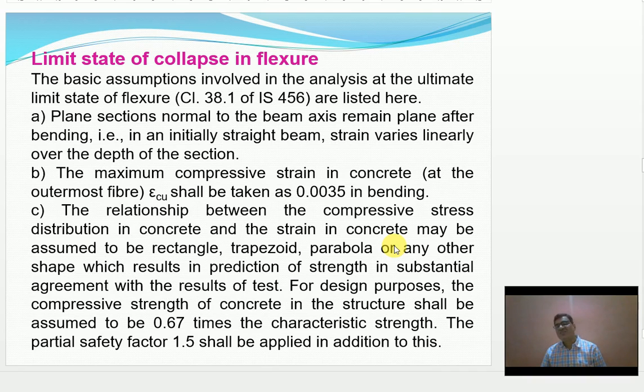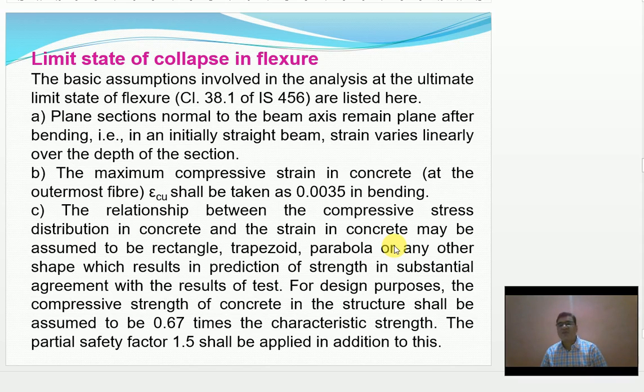Across the cross section, that relationship can be assumed to be rectangular, trapezoidal, parabolic, or any suitable shape. In IS code, the upper part is rectangular and the lower part is parabolic. Such a stress block diagram is given by IS code with the top width as 0.446 fck.